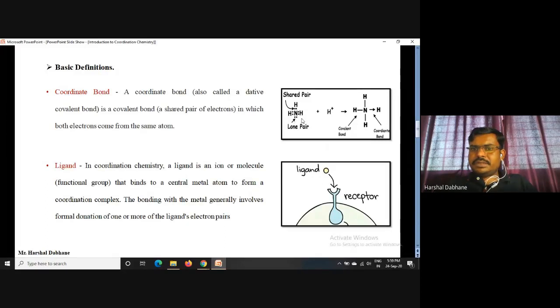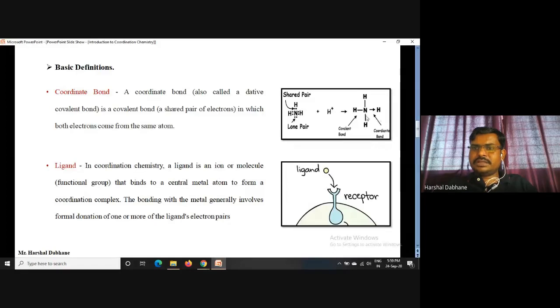So what happens when such a molecule, ammonia, comes in contact with an electron deficient species, such as this proton, H positive? This lone pair will attack this proton, and there is a bond formation between the nitrogen and the hydrogen atom.